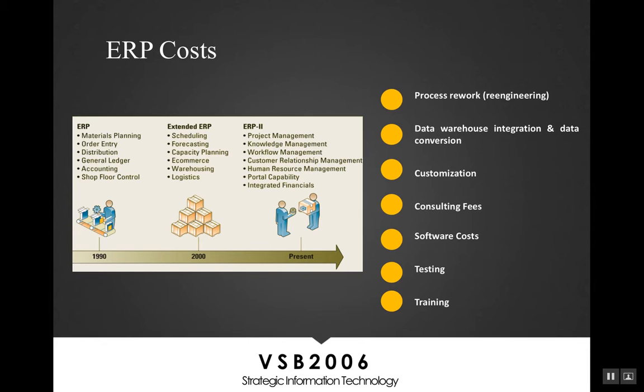As companies moved down the implementation path and established this foundation of first generation ERP, you saw a next generation, with much more around coordination and a focus on logistics, things like scheduling and forecasting, capacity planning. The capabilities the initial systems provided gave organizations the ability to build upon that foundation and extend it to what they call extended ERP. We saw that probably starting in about 2000.